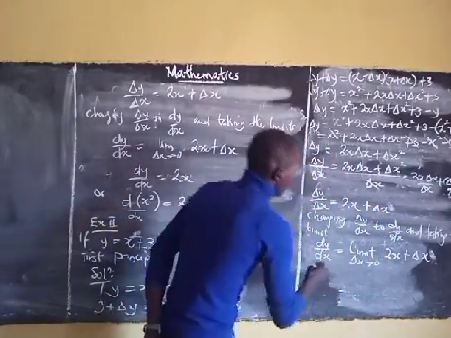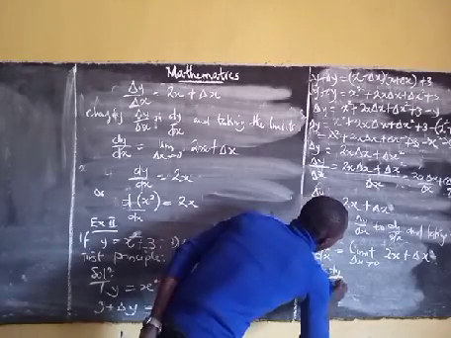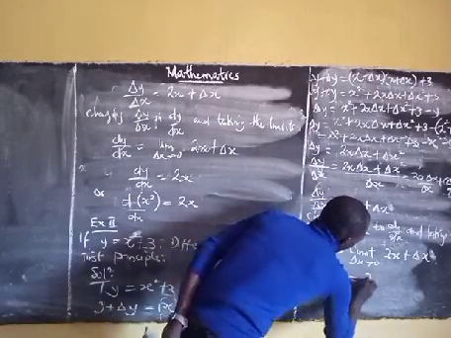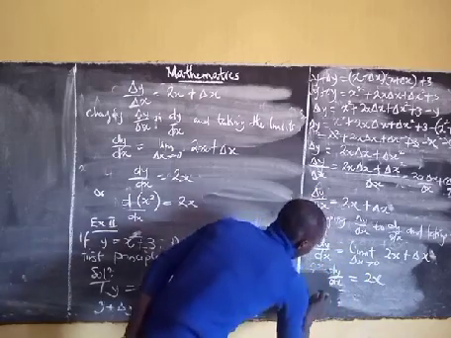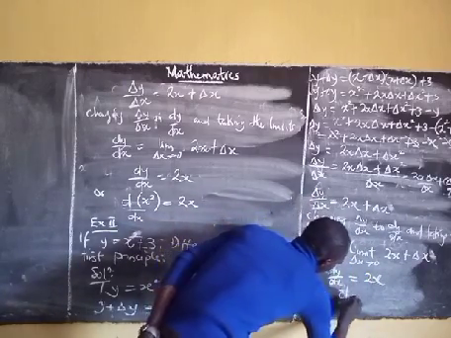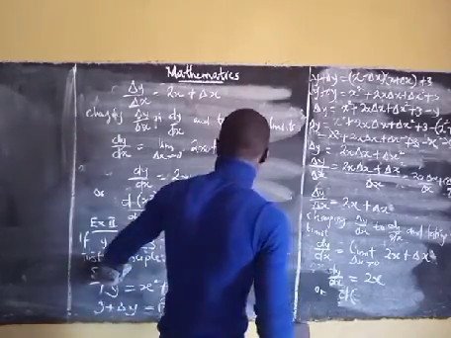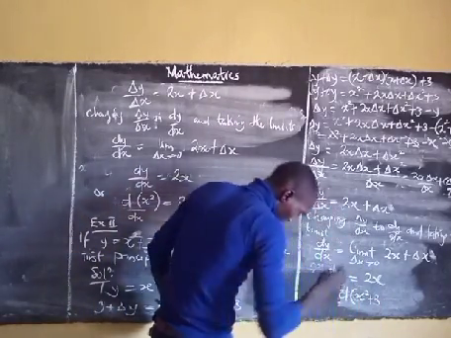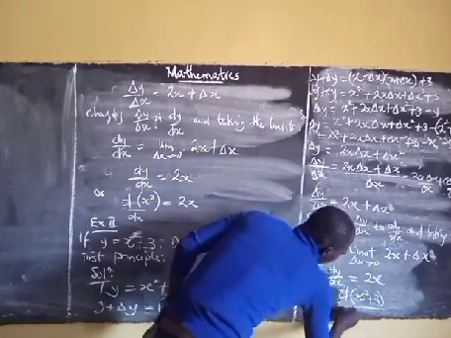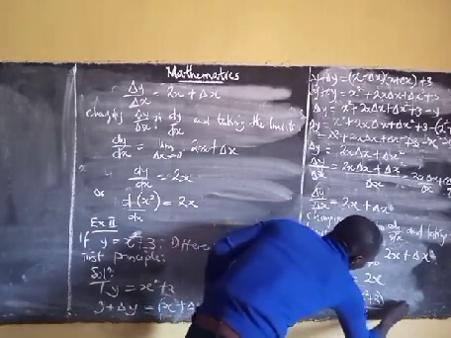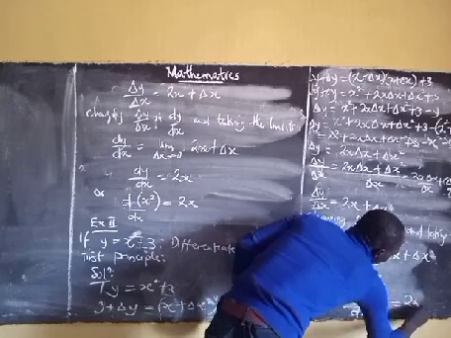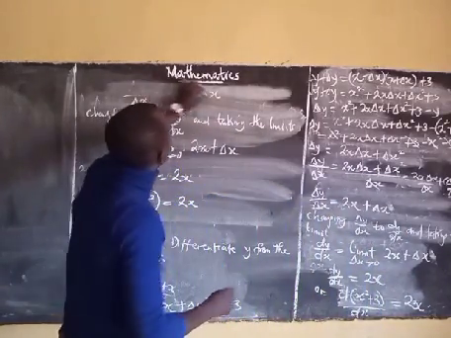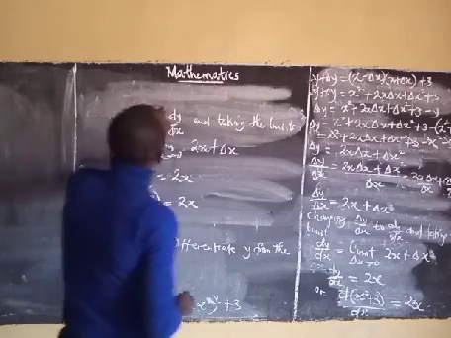And finally, dy dx equals 2x, or d of x squared plus 3 dx equals 2x.